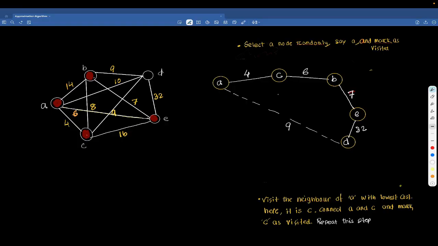So using approximation algorithm, the path followed is from A to C to B to E to D and return to A. Total cost is 4 plus 6 plus 7 plus 32 plus 9, which is equals to 50.